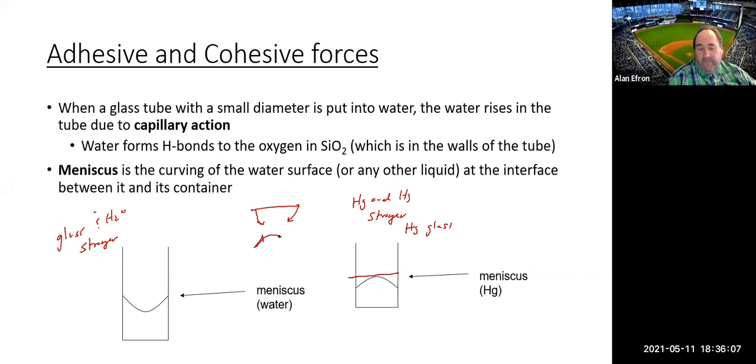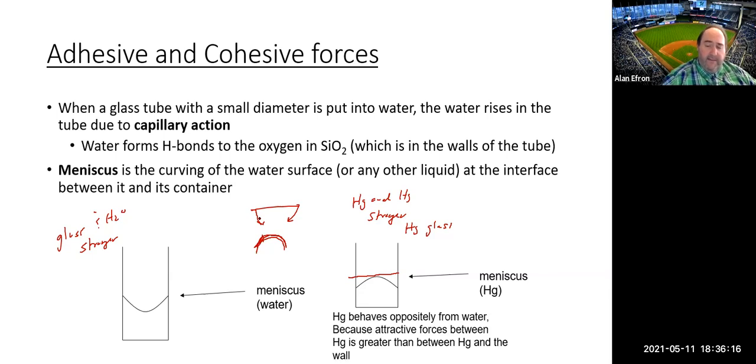We get a reverse meniscus, if you will, because there's a stronger attractive force between the mercury molecules than between mercury and the glass container. So mercury is an unusual one like that.